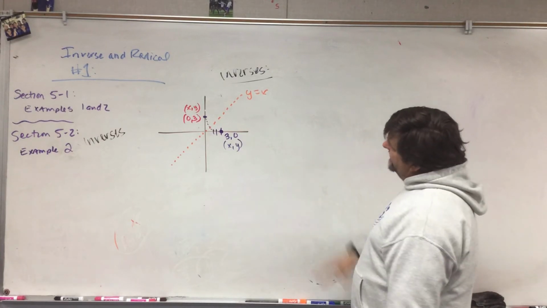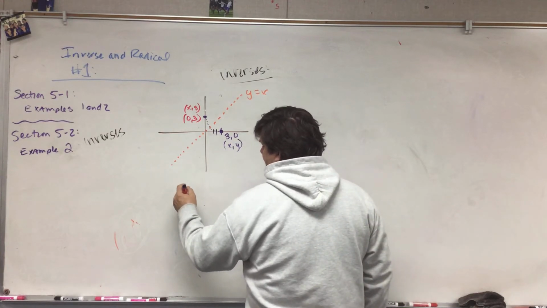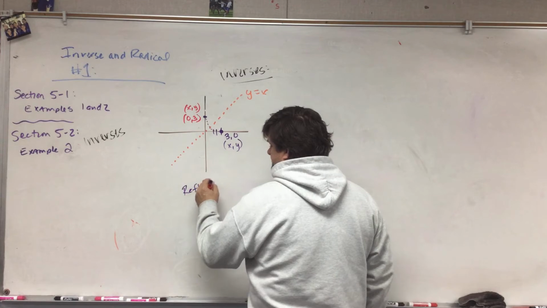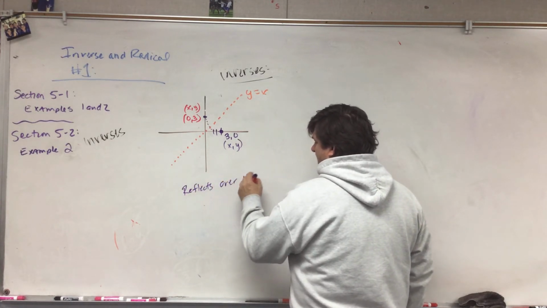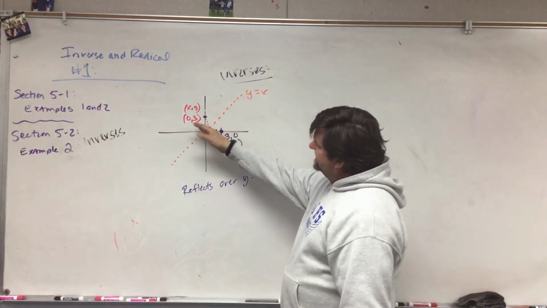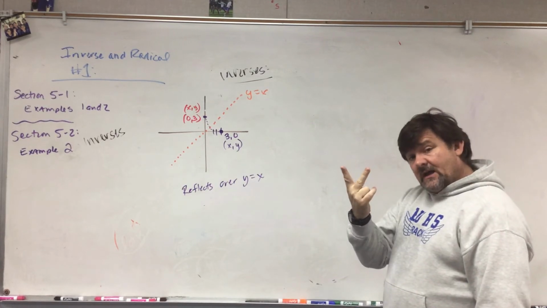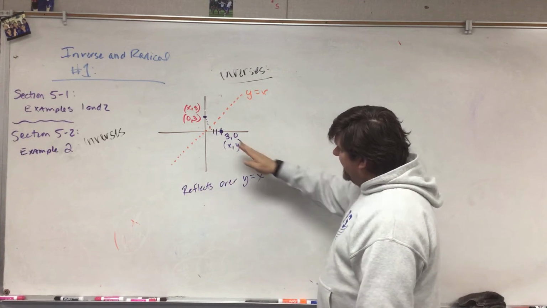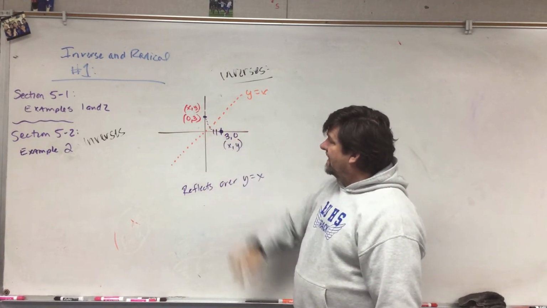So the definition of an inverse is it reflects over y equals x. When I go over to the other side of y equals x, my x becomes my y, and my y becomes my x.